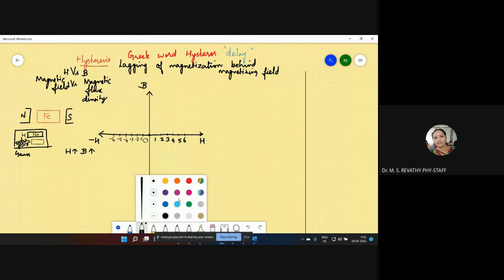Okay, let us mark the values. When H is equal to 0, B is equal to 0. For 1 Gauss, the magnetic field shows some value. For 2 Gauss, some value. For 3 Gauss, some value. For 4 Gauss, some value. Let me stop at 5. Now, in order to complete the graph, I will join the lines.